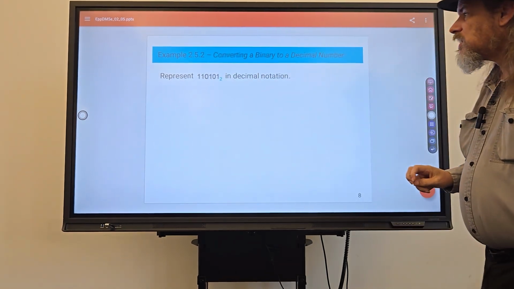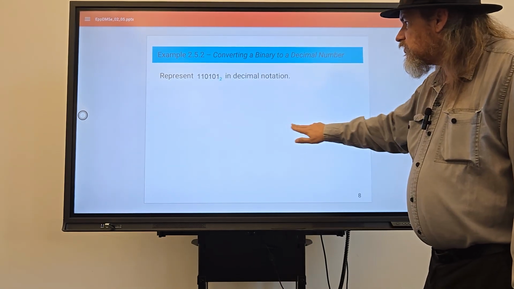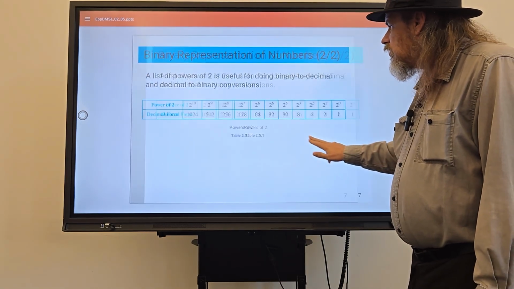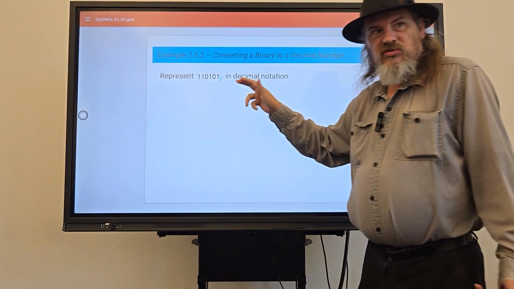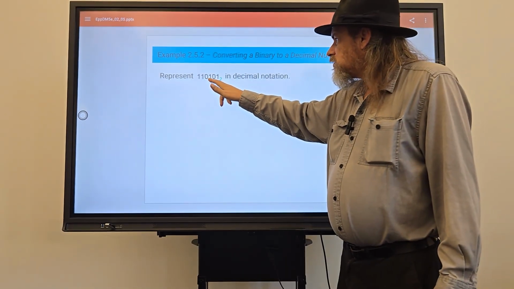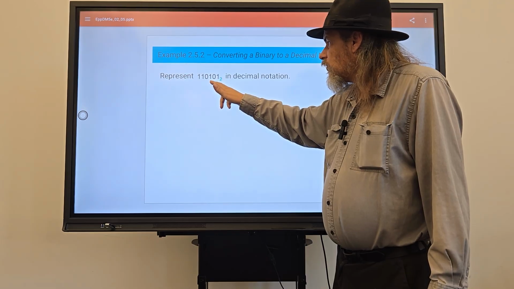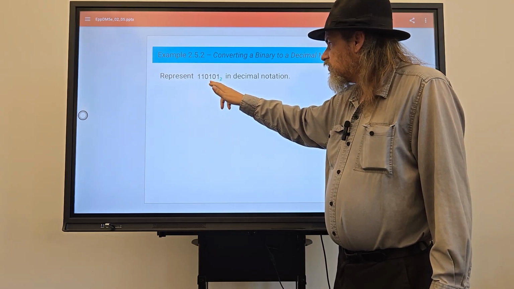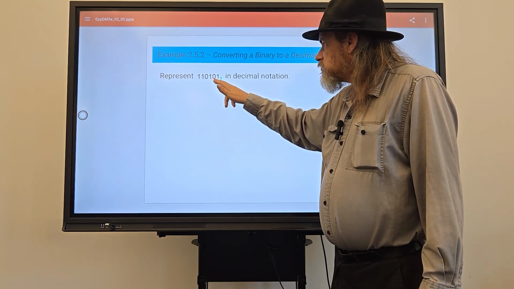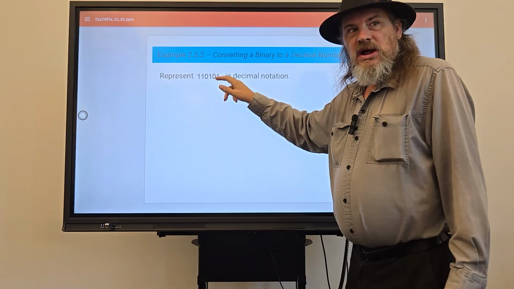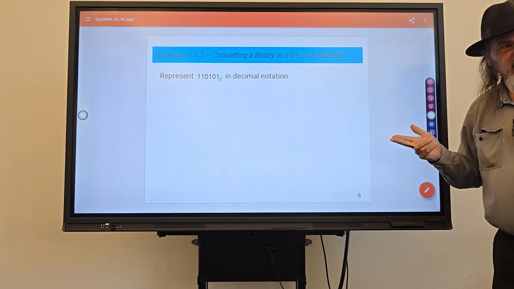So 110101 would be a 1 in the 2 to the 5th power position, which is 32, and a 16, which is 48, right? No 8 position, a 1 in the 4 position, so you add 4, to be 52. 0 in the 2's position, and 1 in the 1's position, so the total would be 53.